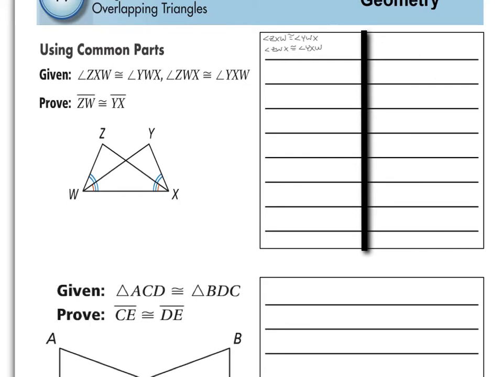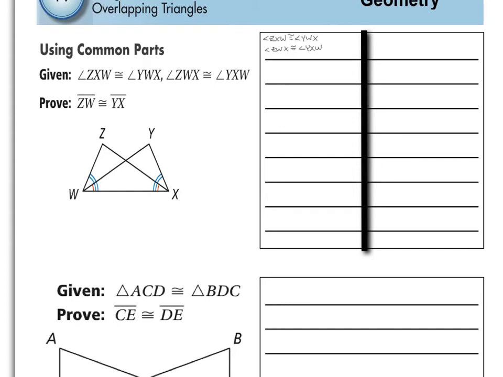Well, as you look here on these triangles, you'll notice the markings: you've got a marking for the big angle X and the big angle W. And you also have a marking for the little angle W and the little angle X, which is what these are right here.